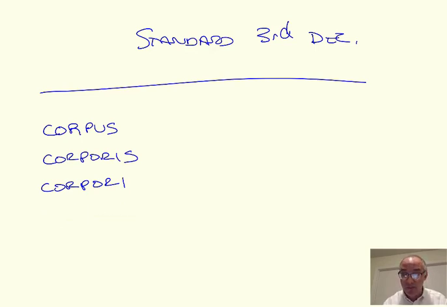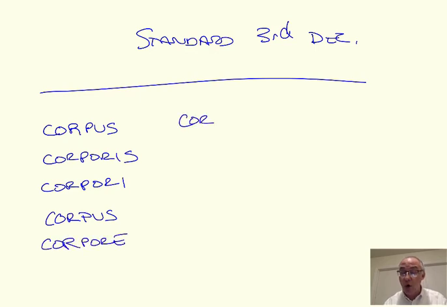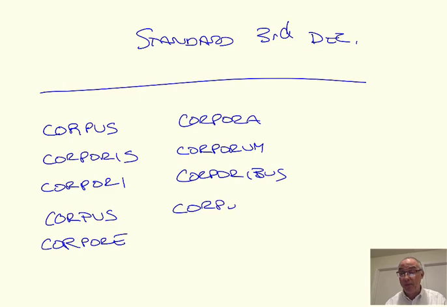Let's fix that. In the neuter, the nominative and the accusative are always the same. Corpore, corpora, corporum, corporibus, corpora, corporibus.